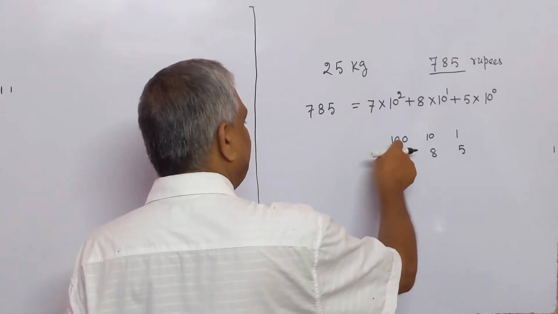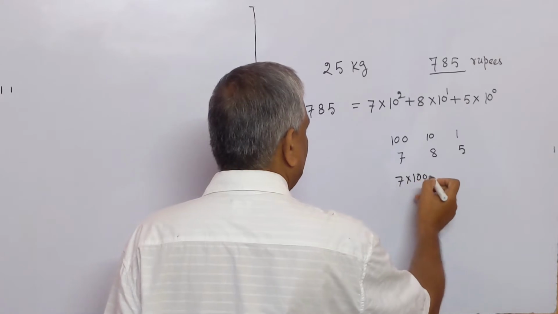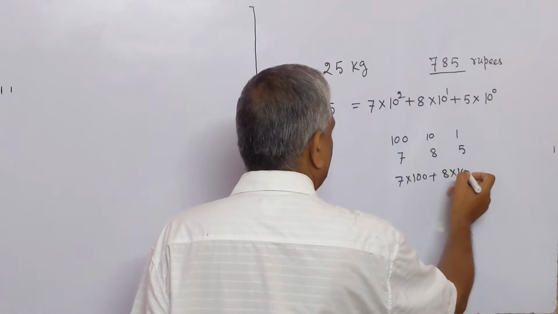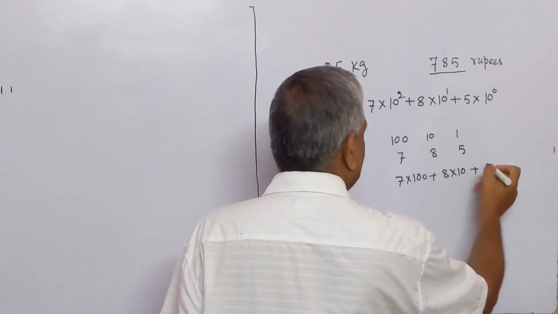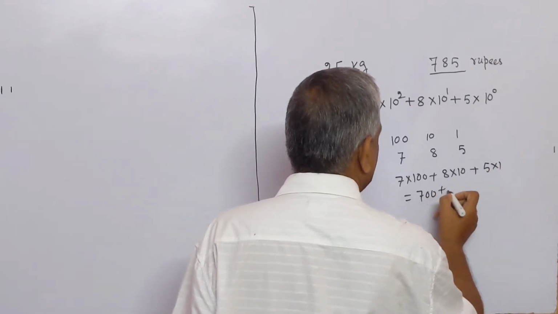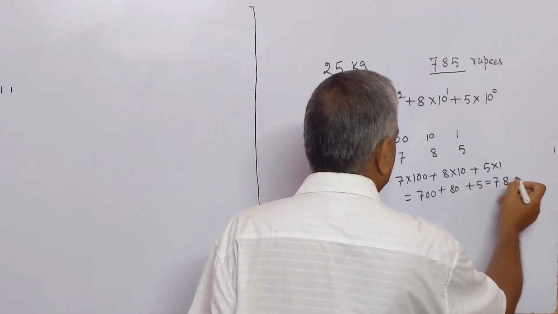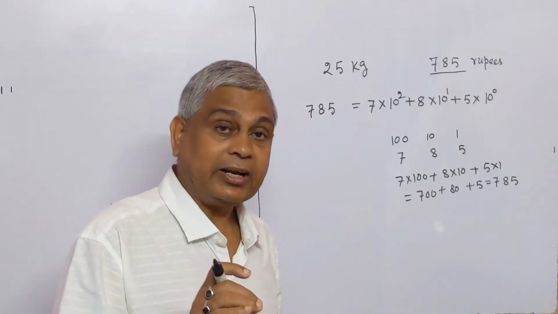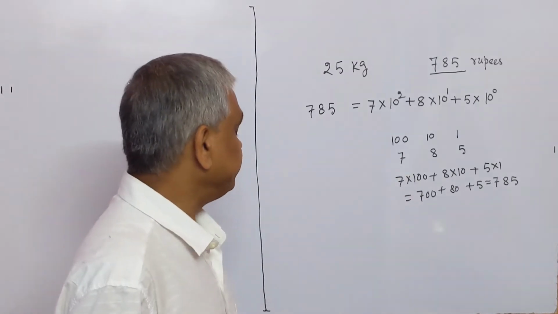We multiply 7 by 100 plus we multiply 8 by 10 and then add 5 multiply 1, and this is 700 plus 80 plus 5 equal to 785. This is the concept behind the construction of a number in decimal system.